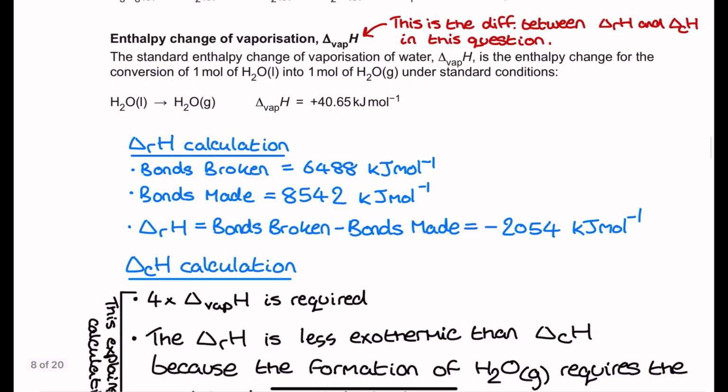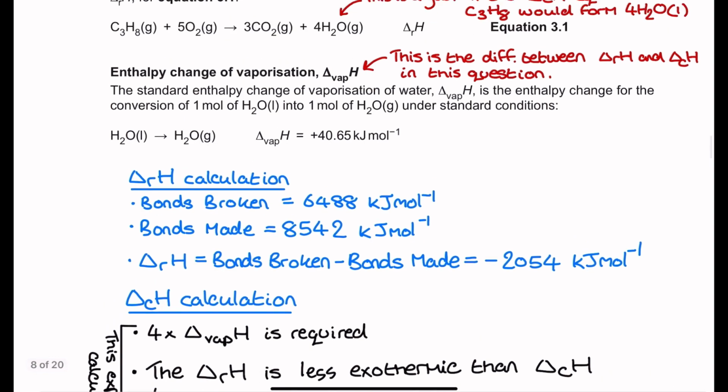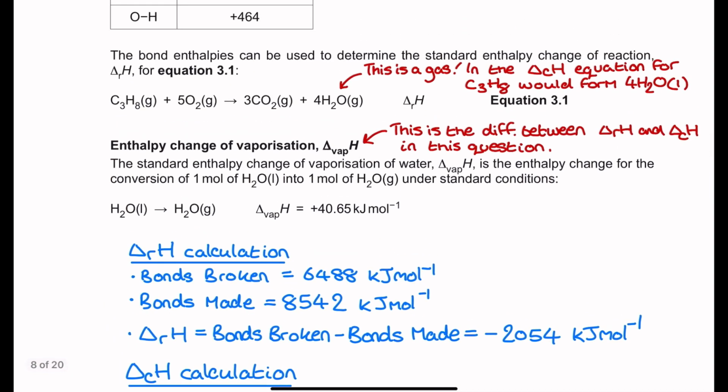Now, this enthalpy change that we've got here is not exothermic enough. So I'll just emphasize that. That enthalpy change that we've got is not exothermic enough to be the enthalpy change of combustion for propane. So how do I know that? Well, just here in that reaction equation, I'm making 4 moles of gaseous water.